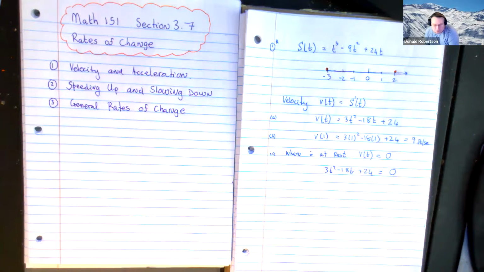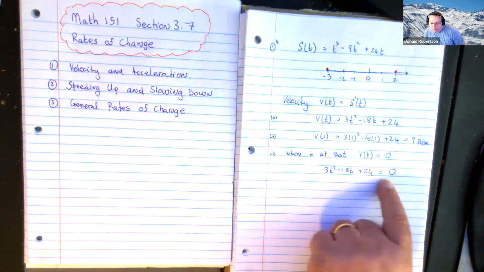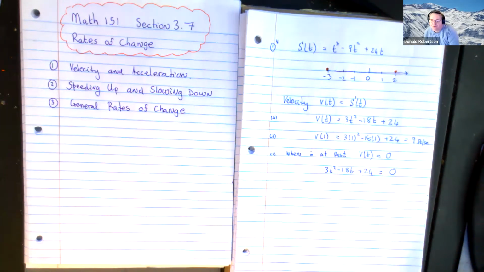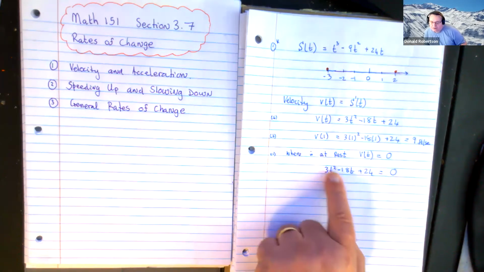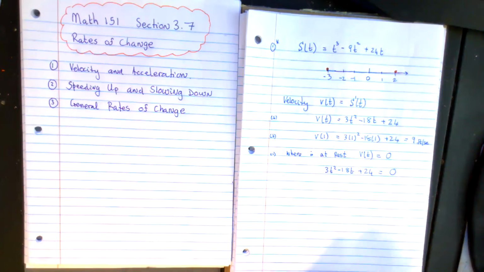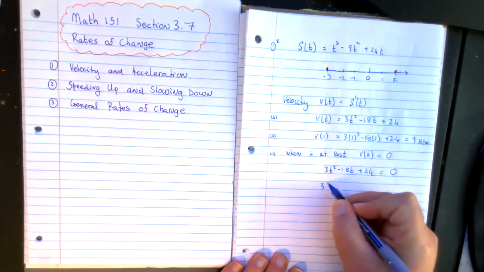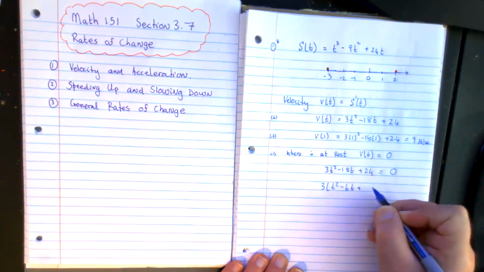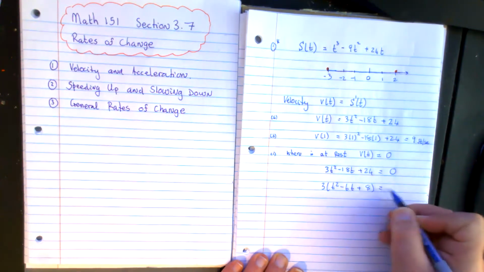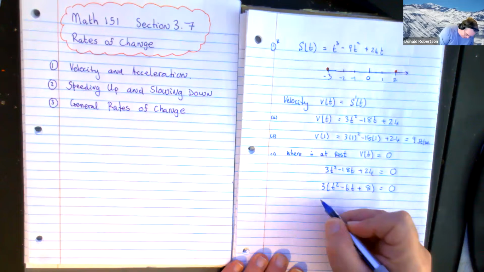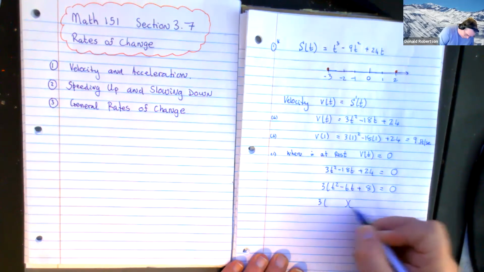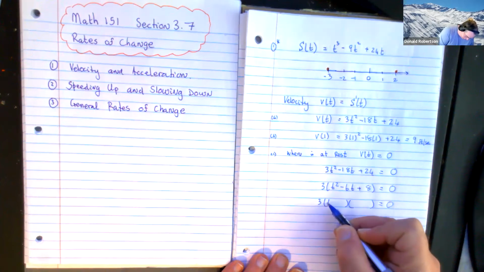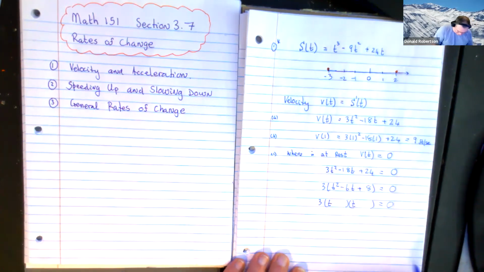So anybody want to tell me what might be a good idea just to make this equation a little bit easier to do? Can you see anything that I might be able to do first? Factor 3. And if you factor out a 3, get this. And hopefully we're not too rusty about factoring. Since this is a t squared, there's 2 t's.